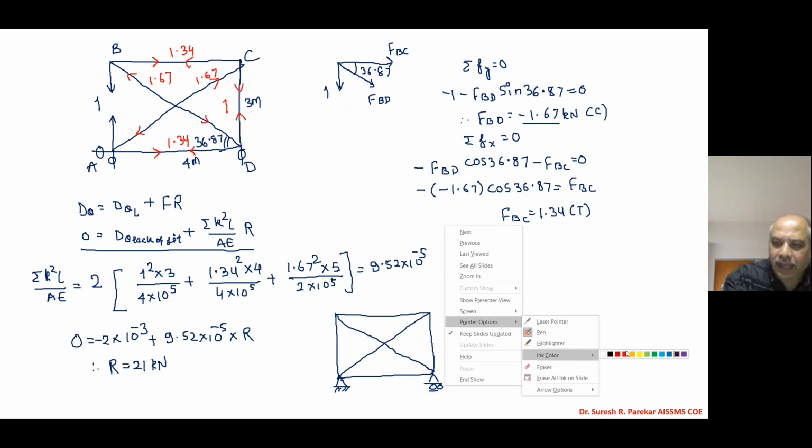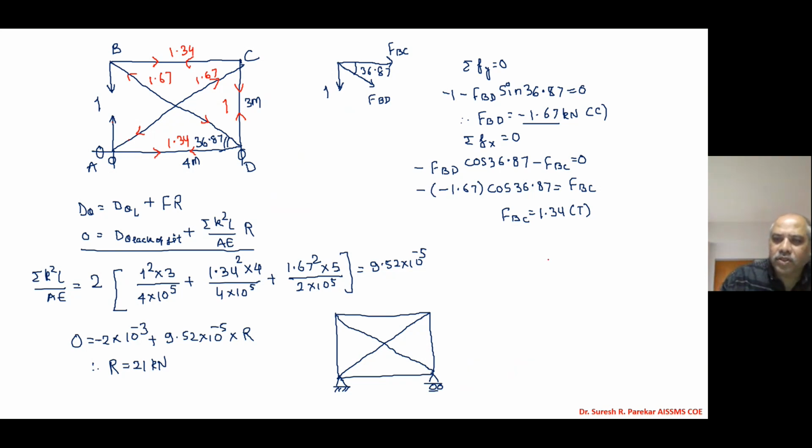As P is 0, the final force PF is equal to P plus RK. Now this is 0, so we will get directly R into K. So here we have 21 kilonewtons. This is AB, and the same we have in CD also, so we have this also 21 kilonewtons.